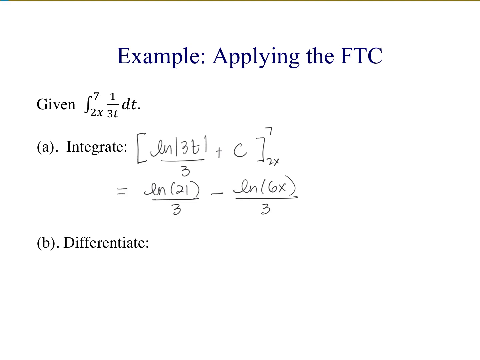What I could do is put them together like this, the 21 over 6x and the whole thing over 3. That would be legal with subtraction. Yeah? Do you still have to put the 6x in absolute value? I should. Because I don't know what x is.